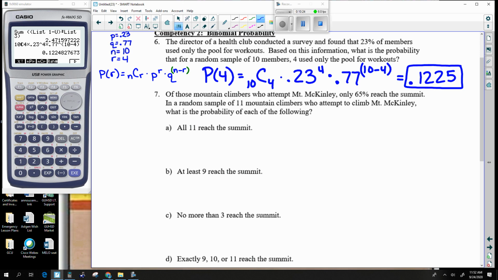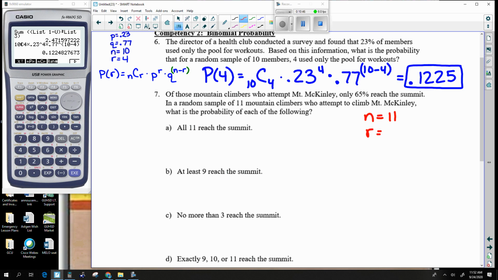All right, same idea with this next one, but we have to know a bunch of different probabilities. So what we're going to do is create this r as being a list. Here we have the total number of mountain climbers being 11.